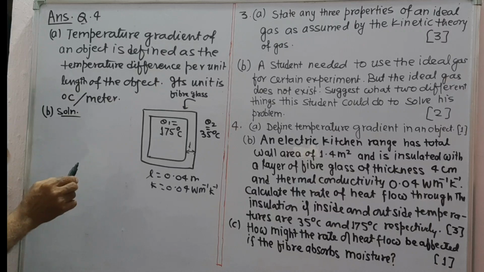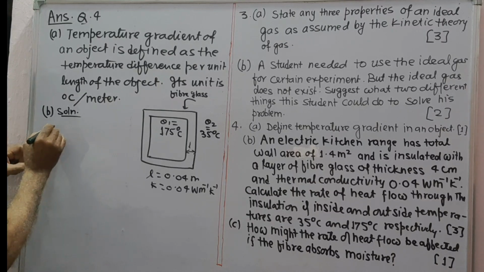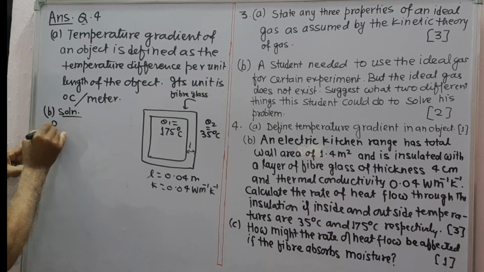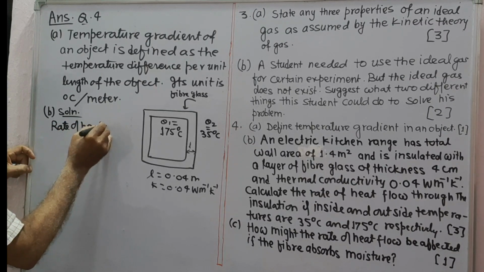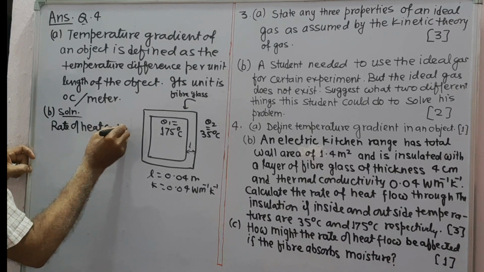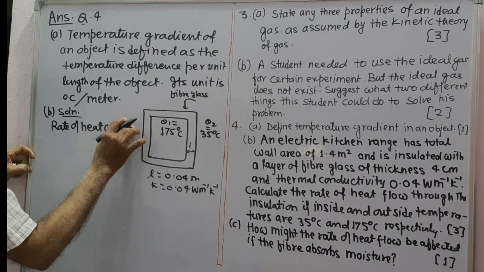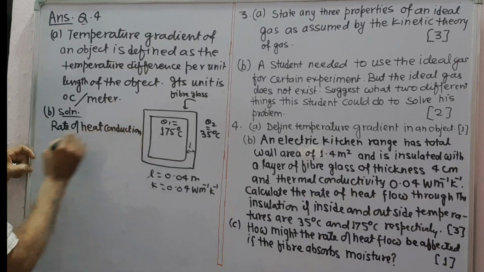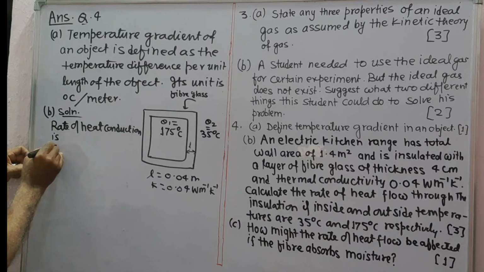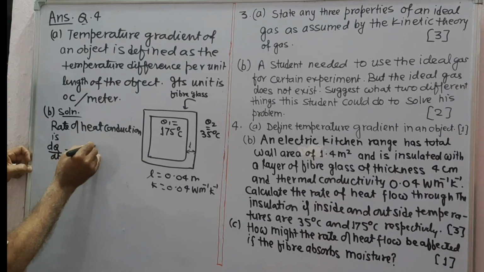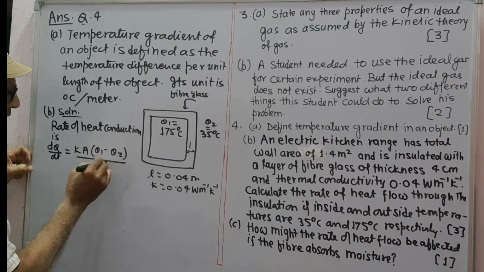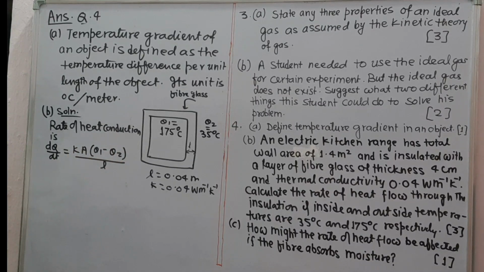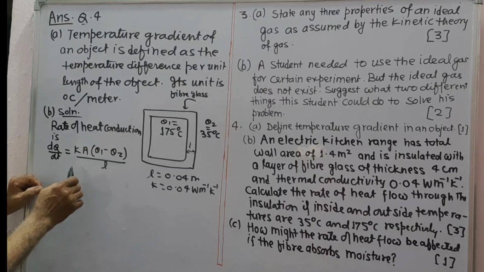We have to find rate of heat conduction. It is dQ by dt equal to K A (theta 1 minus theta 2) upon L. Here (theta 1 minus theta 2) upon L is the temperature gradient.